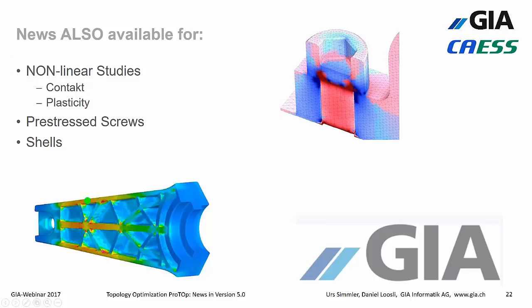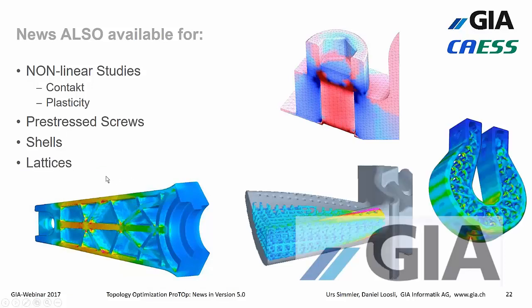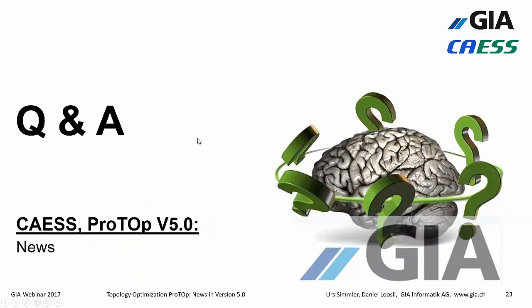You can use, let's say, some configuration tools where you can say, okay, I want to deal with shells, or, very popular right now when you have a 3D printer, inside your topology, you can deal right now with optimized lattices. I mean, in Creo Parametric you can bring in lattices, but there you can never ever optimize them. But in ProTOp you are able to deal with optimized lattice structures.